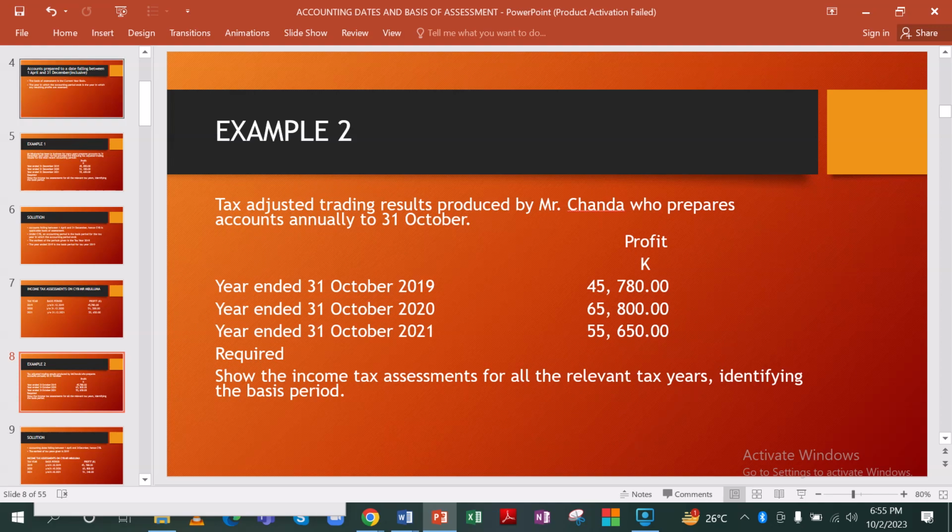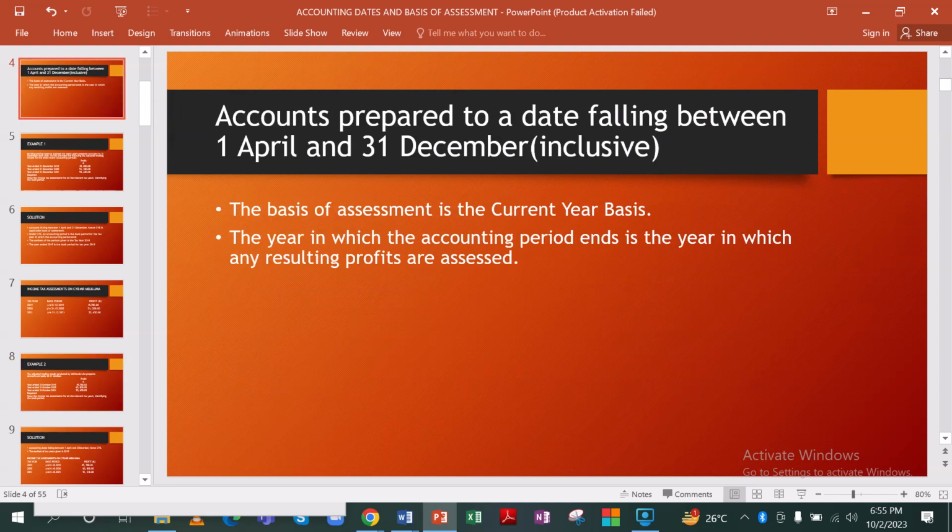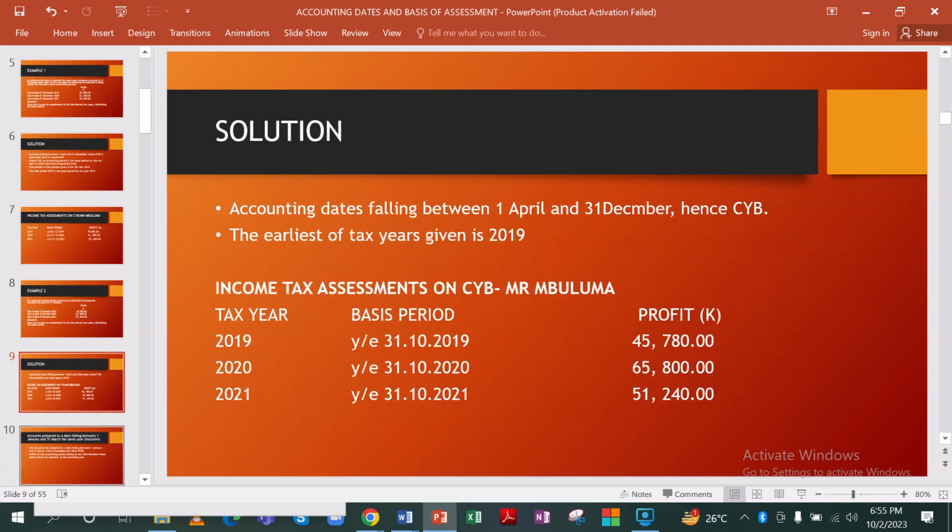The rule tells us that if you have accounts prepared to a date falling between 1st April and 31st December, you have to use the current year basis. So 31st October falls between these dates, meaning that here we have to use the current year basis.